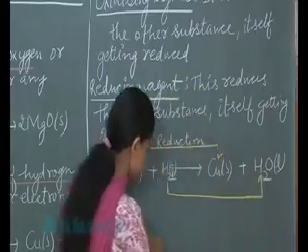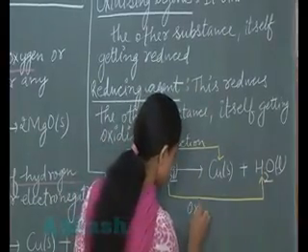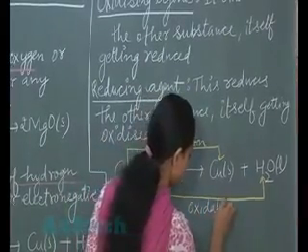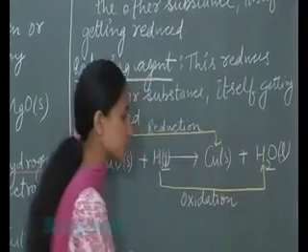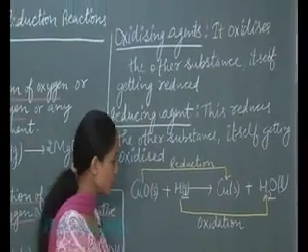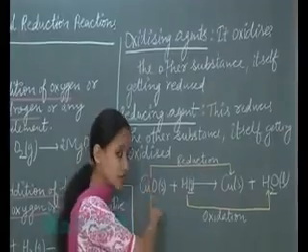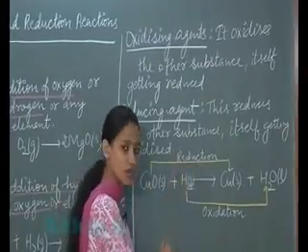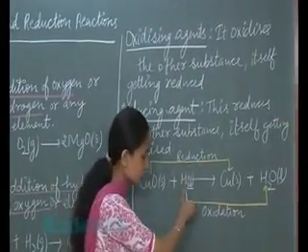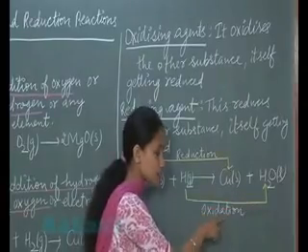So what is this? Oxidation reaction. So this is oxidation. I hope students it is clear to you. From the copper oxide, oxygen is getting removed, therefore it is reduction reaction. To hydrogen, oxygen is getting added to give you water, therefore it is oxidation.